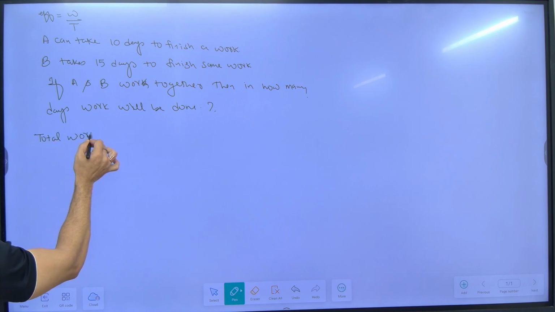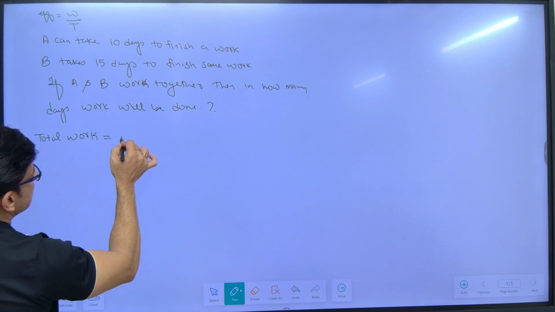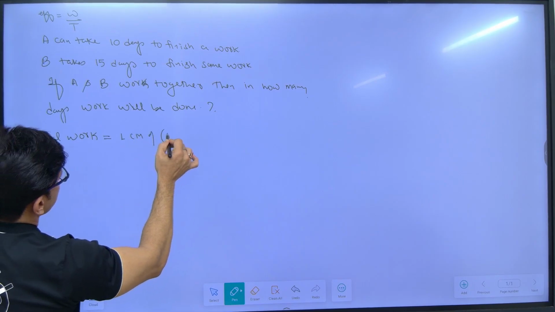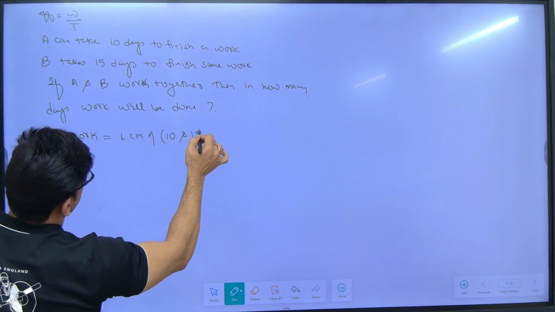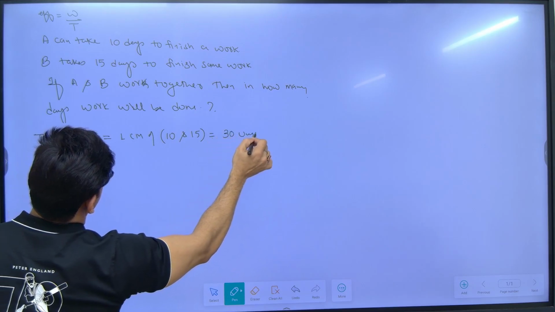Whenever we have such a question, first you find out total work by taking LCM of whatever number of given days you have. Since in this case you can see 10 and 15, find out total work as LCM of 10 and 15. What is LCM of 10 and 15? 30 units, right?